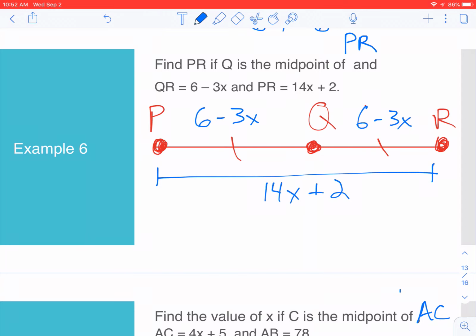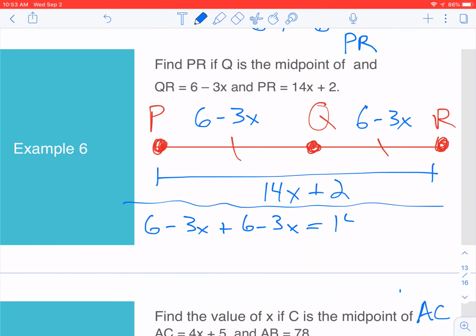And so now I have a little bit of an algebra problem. 6 minus 3x plus 6 minus 3x equals 14x plus 2. Combine like terms. 6 plus 6 is 12.